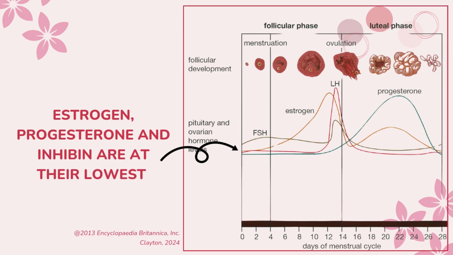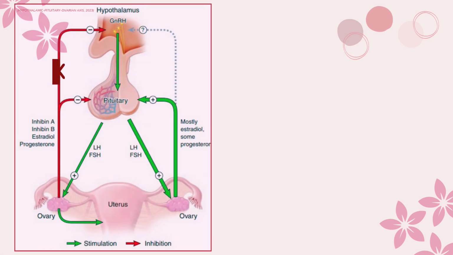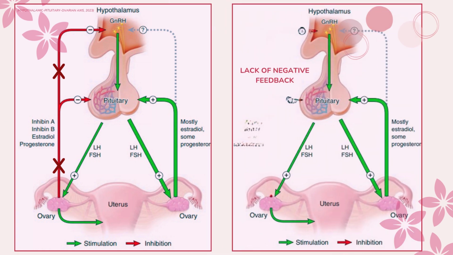As shown here, at the start of your menstrual cycle, estrogen and progesterone levels are at the lowest. This lack of signals, no hormones to inhibit the hypothalamus and pituitary glands, or in other words, when the ovaries decide to take a little break from the usual negative feedback routine, the pituitary gland gets the memo to kick off a brand new cycle.